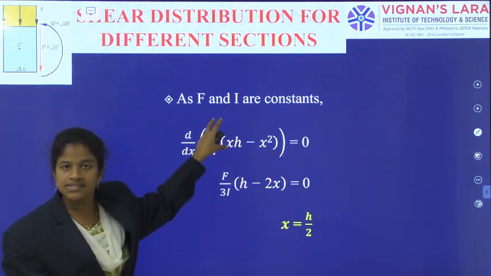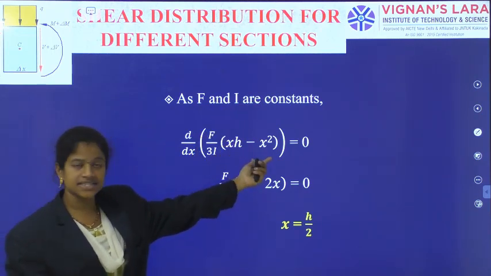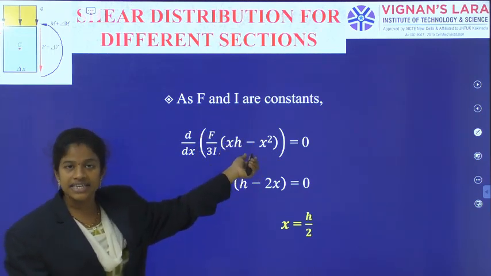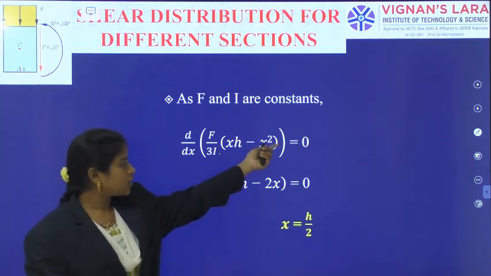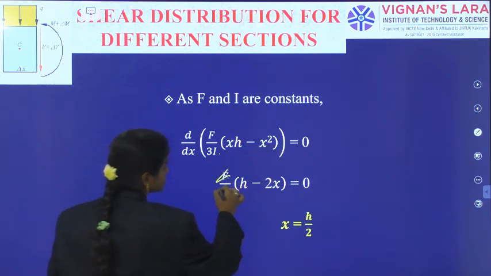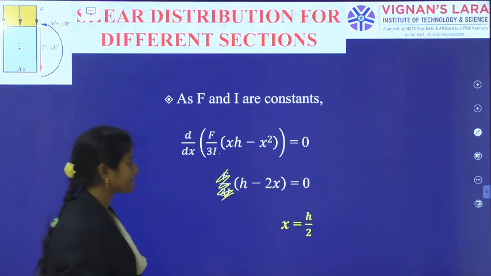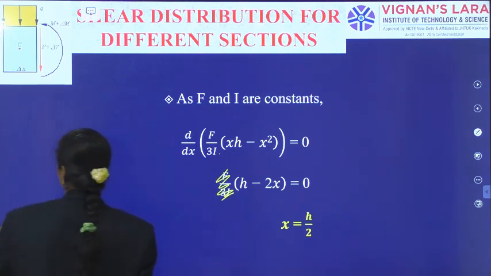So what will it give? This is nothing, constant, and hx minus x square. So the coefficient of x is h, so h remains and 2x remains. Or you can keep it as it is also.